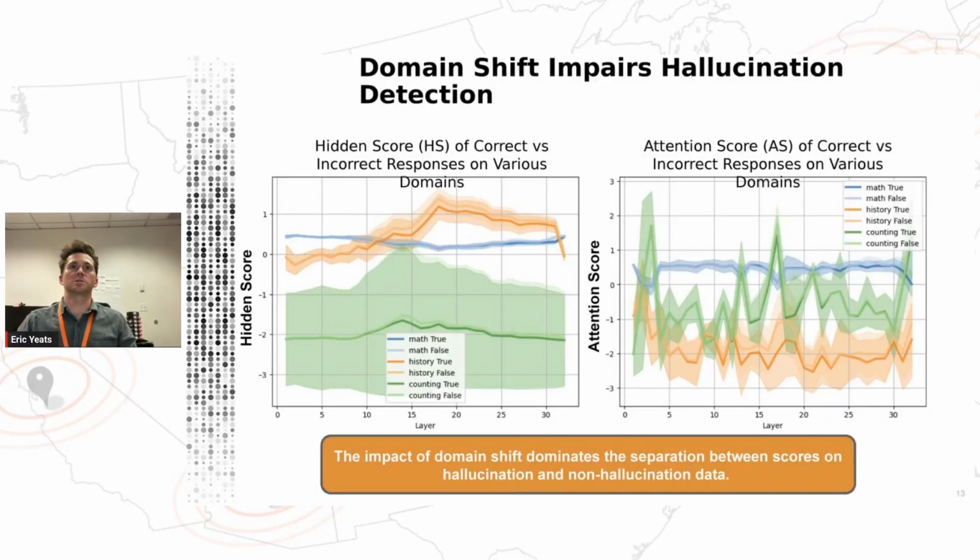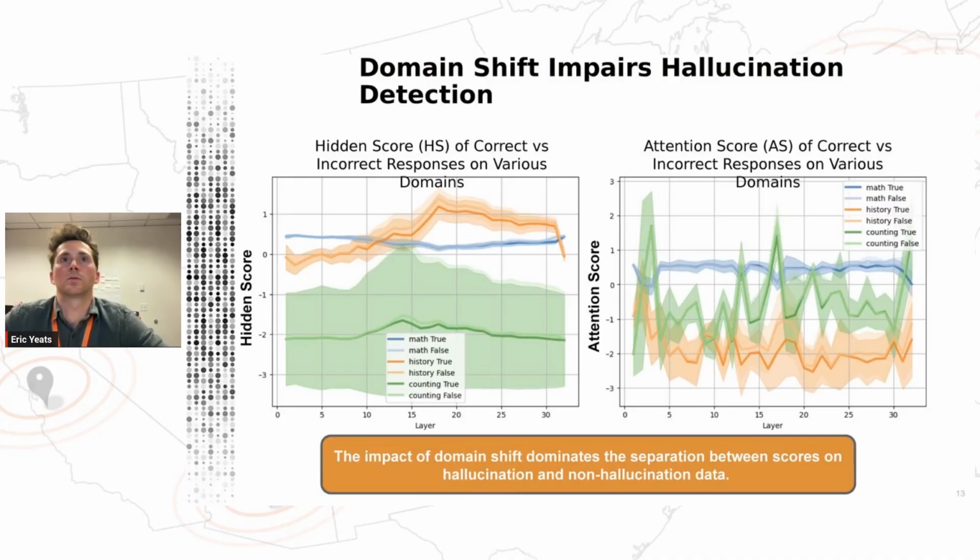So we wanted to visualize this. The x-axis of each of these charts is the layer at which, say, hidden score was computed, or in the case of the chart on the right, the layer at which attention score was computed. The orange lines on the plot are the distributions of hidden score or attention score for history. The blue lines in the shaded areas are the distributions of the scores for the math domain, and then we have counting in green.